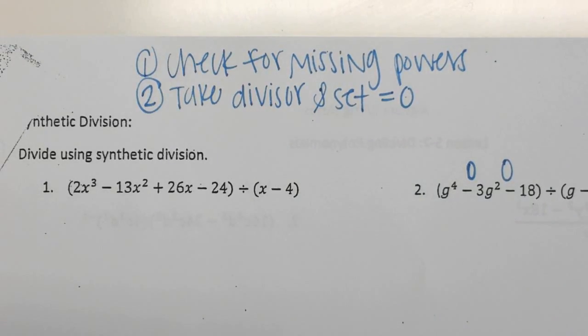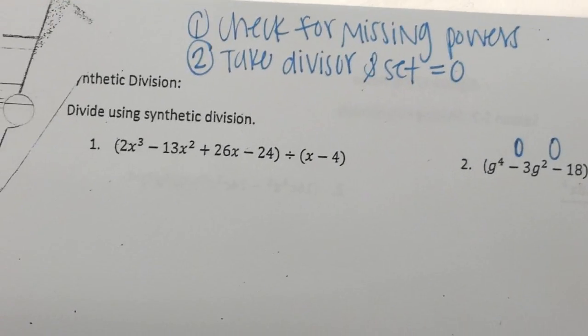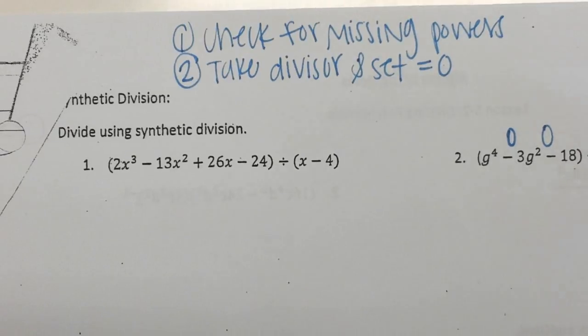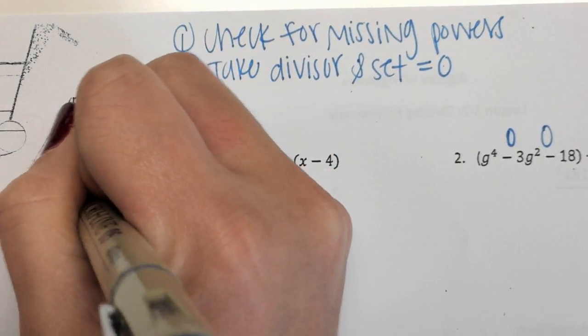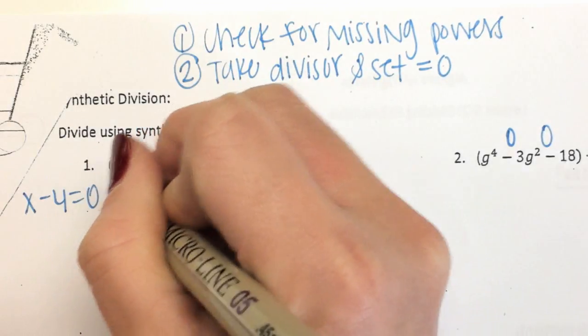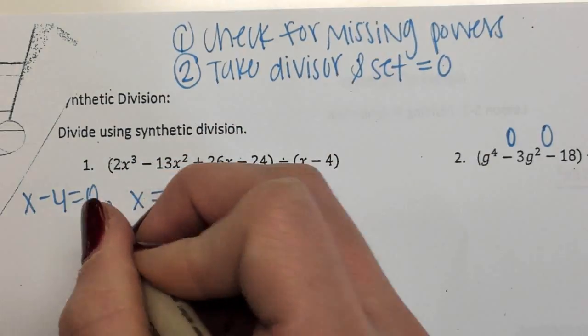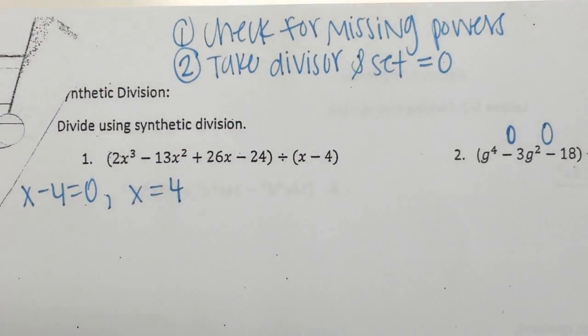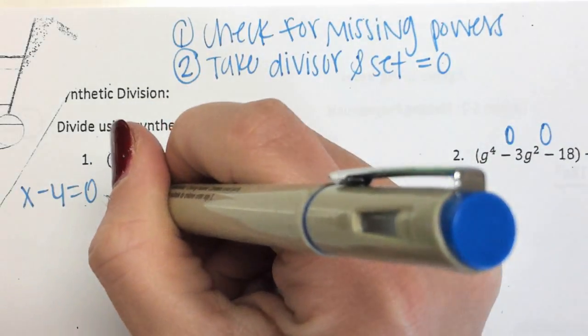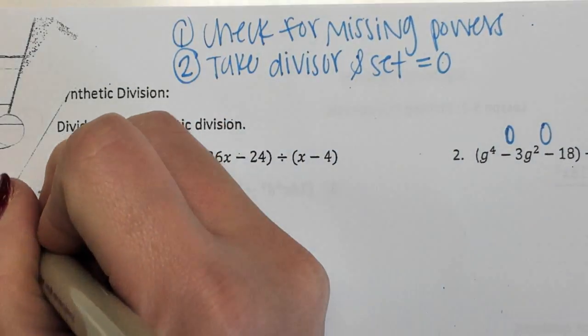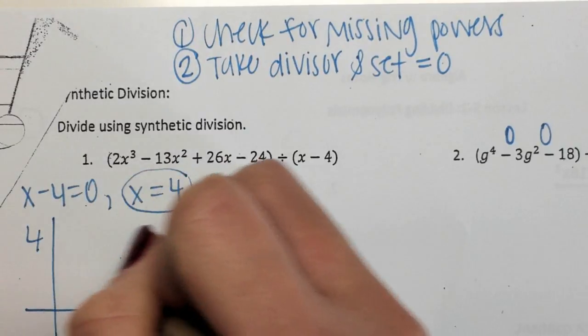After you have done that, you're ready to set up synthetic division. All right, what's my divisor in number 1? Set it equal to 0. And when we solve for x, we'll get x equals what? 4. Good. Because you have to add it over to both sides. This number is what's going to go on the outside of your box that you're going to draw.